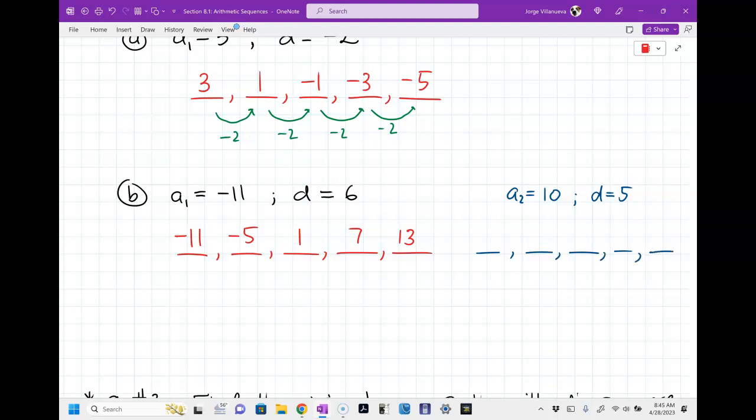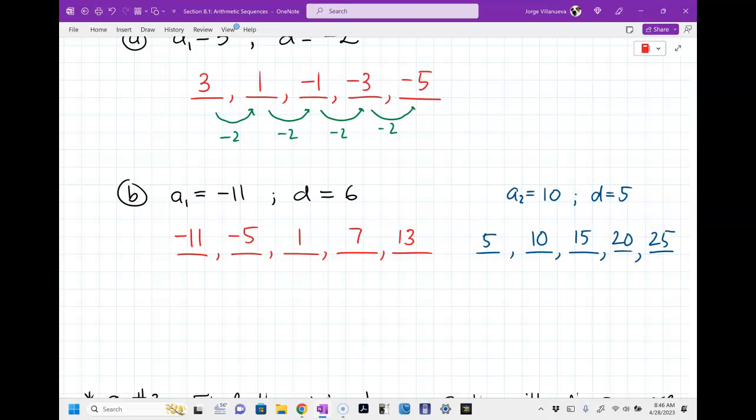If I told you write the first 5 terms, but I'm giving you not the first one, but the second one, that means this one is 10. What's the next number to the right of 10? 15. And then after? And then? Well, what's to the left? 5. What did you do to go left? We did the opposite, right? D says positive 5, but to go to the left, you're going to go negative 5. Okay, so this would be a 5 there.